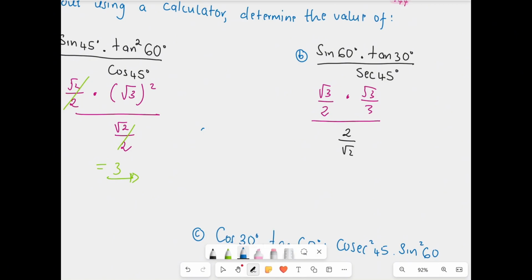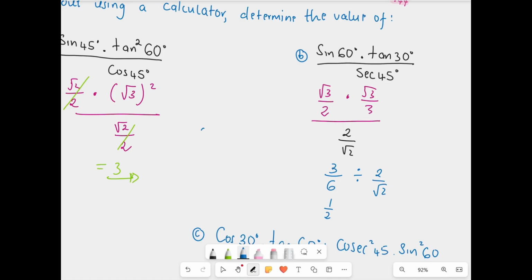Now if you simplify this, root 3 multiplied by root 3 will be 3. And then 2 multiplied by 3 will be 6, divided by 2 over root 2. And now this is the same as 1 over 2.